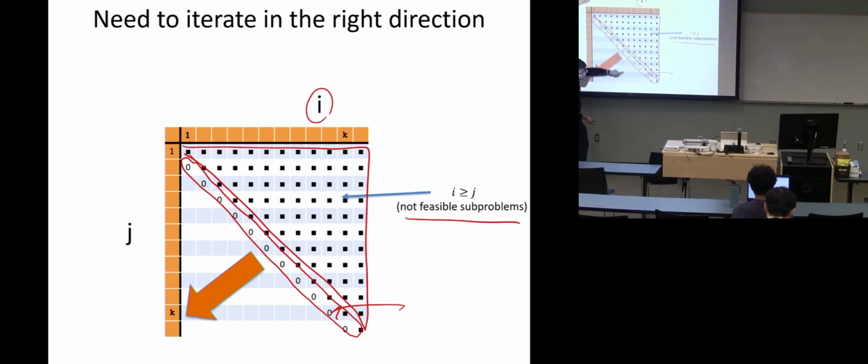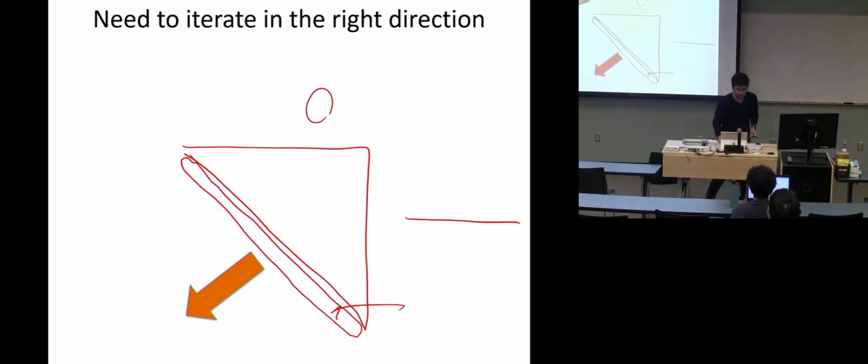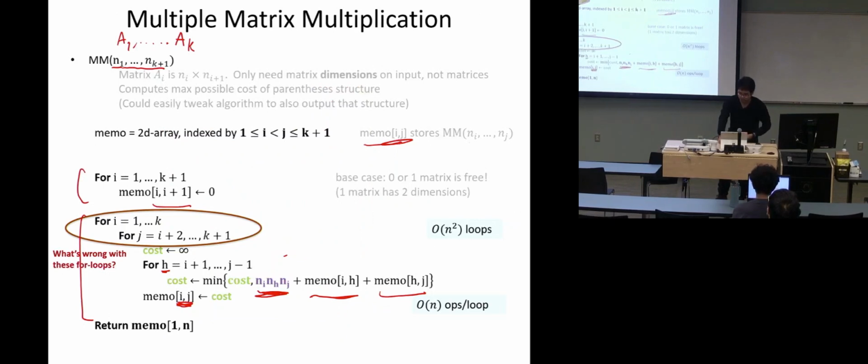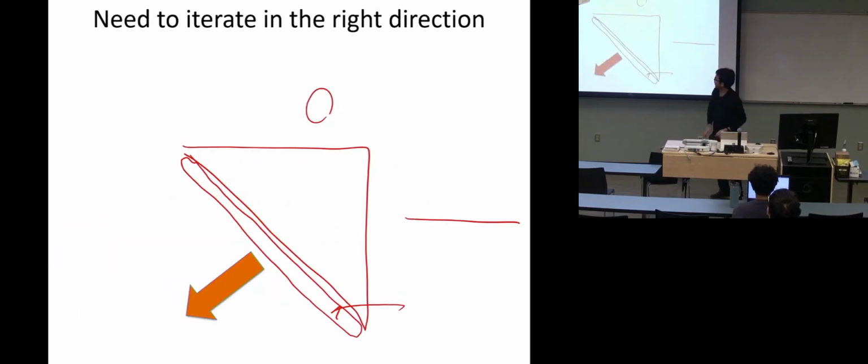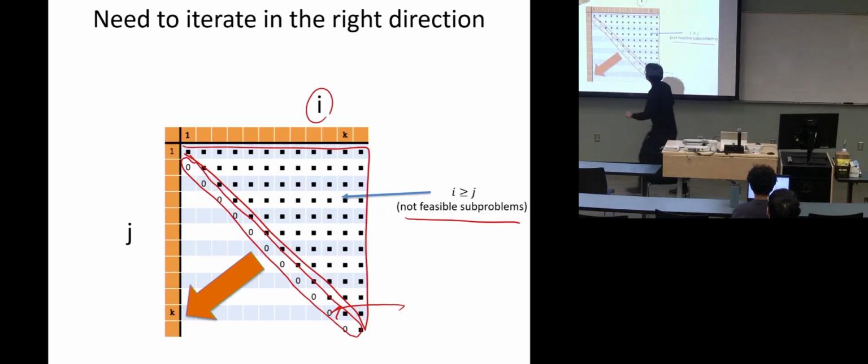So once you have filled in this base case, you need to go through the table in this way. But the for loop that I have here just goes in this direction, and that's not good, right?